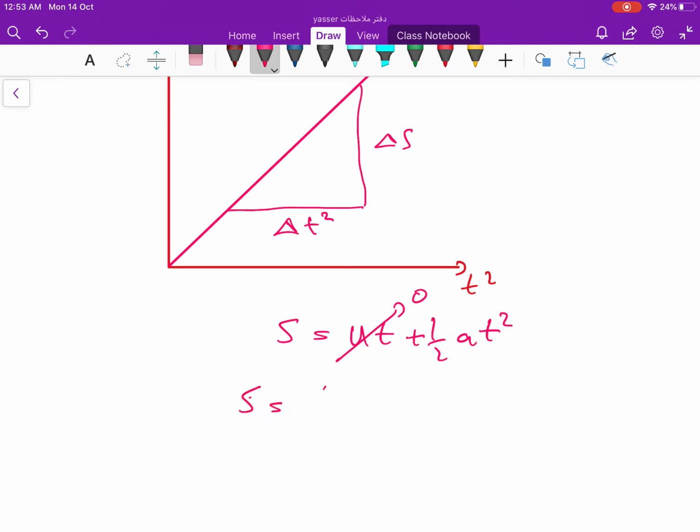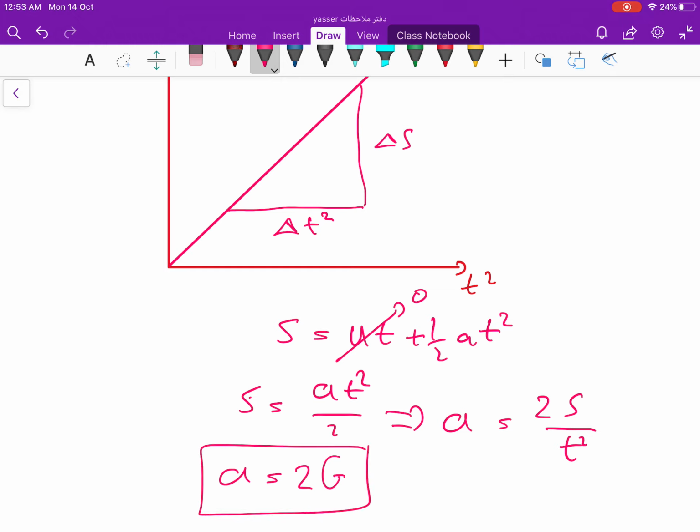So s is equal to at squared divided by 2. The acceleration is equal to 2s over t squared, and the gradient gives us s over t squared. So in order to calculate the acceleration from a displacement against time squared graph, we multiply the gradient by 2, and 2 times the gradient gives us the acceleration.